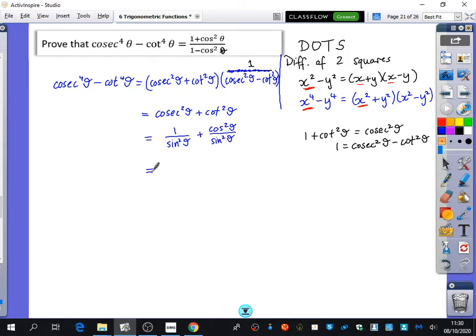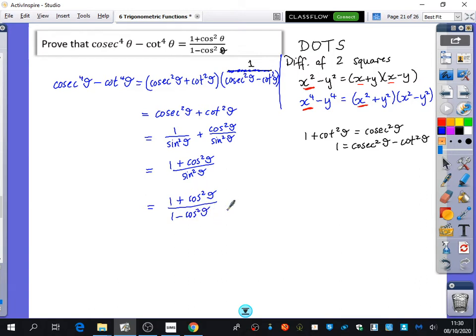They have the same denominator, so I'm allowed to just add them together now, right? So that is going to be 1 plus cos squared theta over sine squared theta. Oh, it's so close. Is it the same thing, though? Because sine squared theta is 1 minus cos squared theta. So I get 1 plus cos squared theta all over 1 minus cos squared theta.